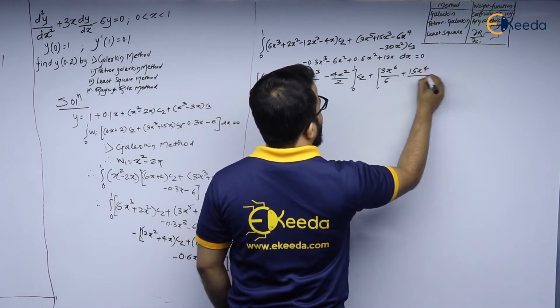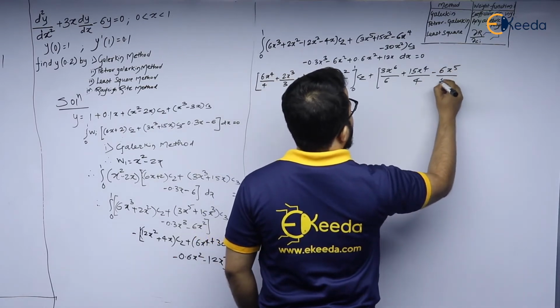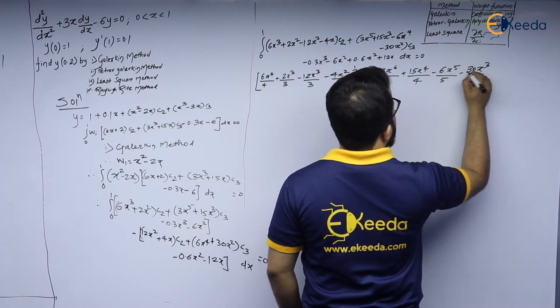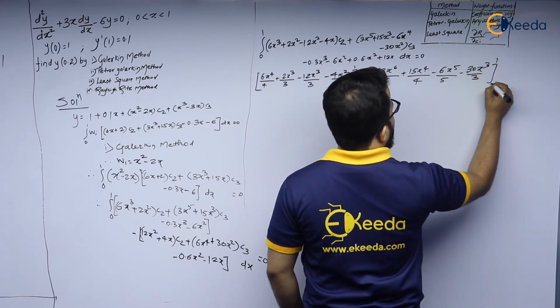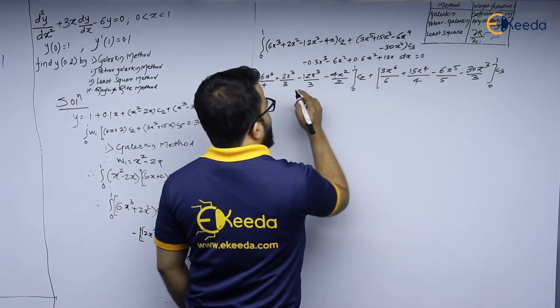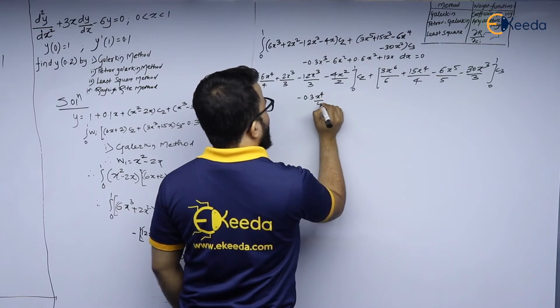3x raised to 6 upon 6 plus 15x raised to 4 upon 4 minus 6x raised to 5 upon 5 minus 30x cube upon 3, and upper limit and lower limit C3. Similarly, this becomes minus 0.3x raised to 4 upon 4.